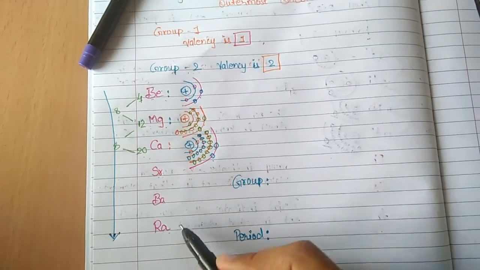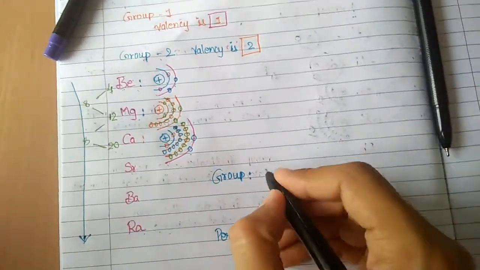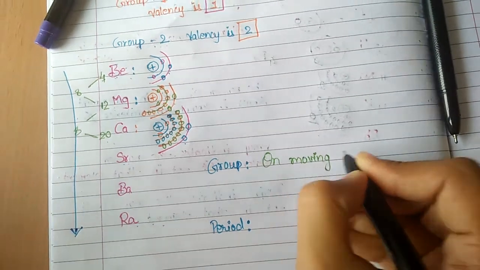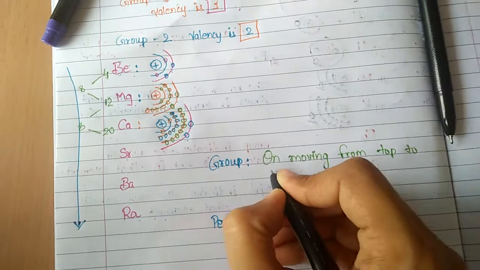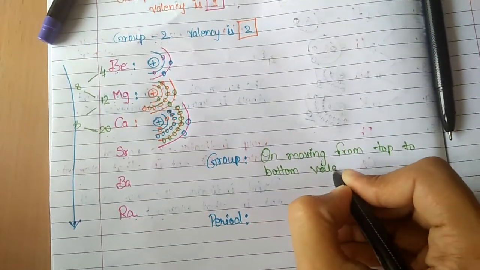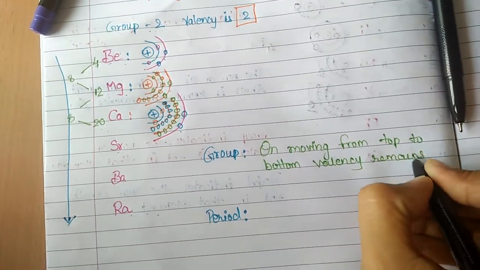So what is the trend in group? On moving from top to bottom, valency remains same.